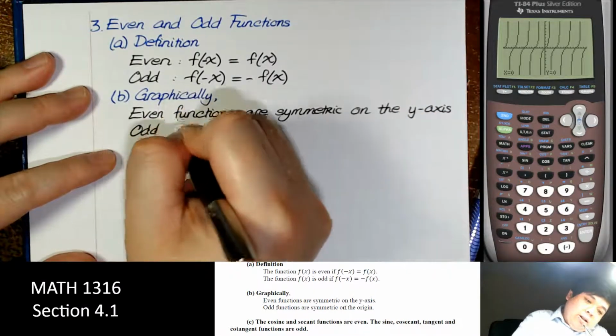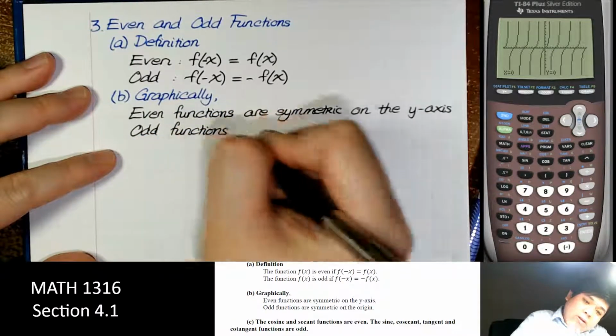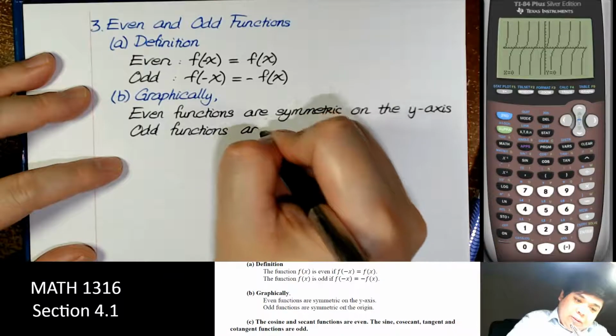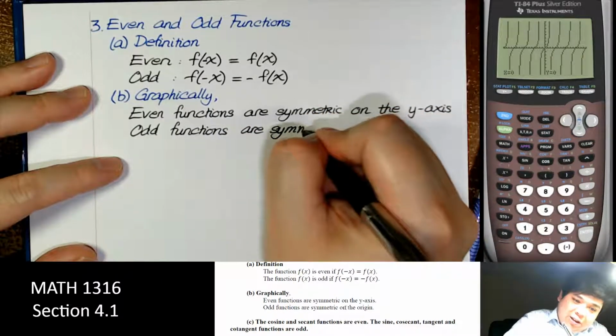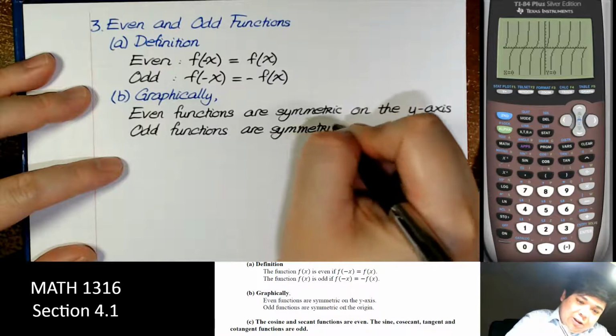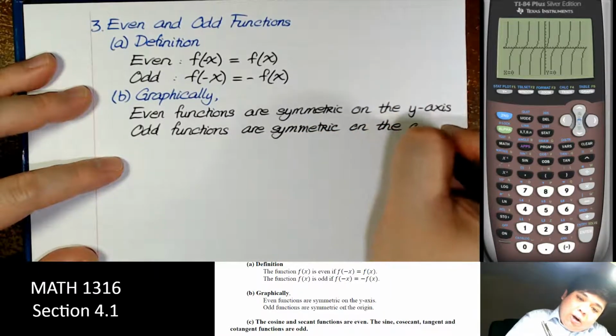An odd function is symmetric about the origin.